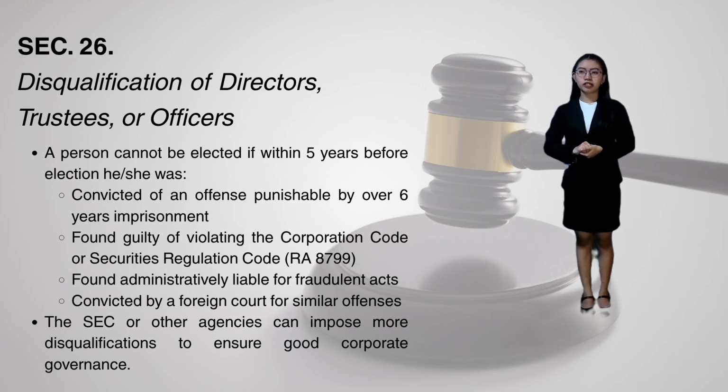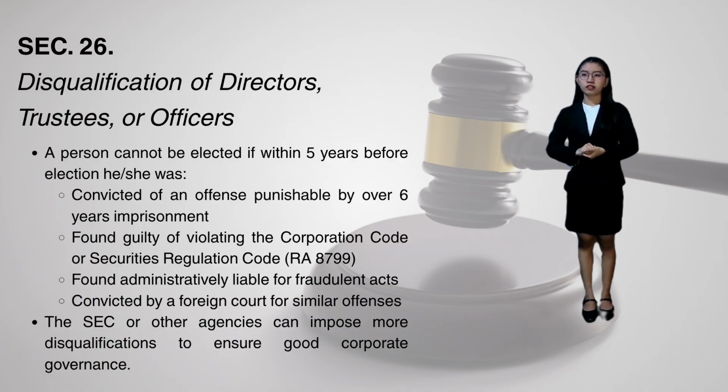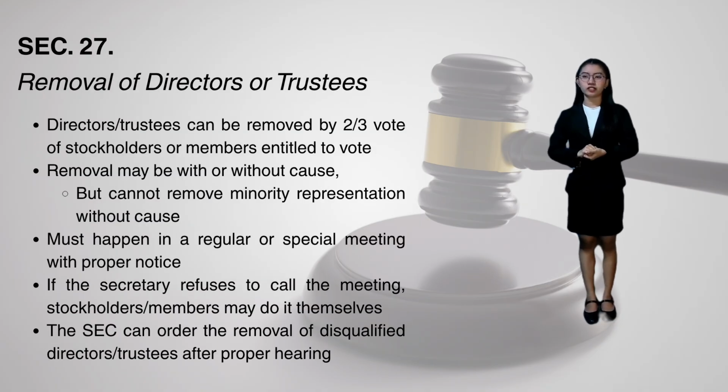Basically, this rule is meant to protect the company and its stakeholders by making sure that only people with good records and integrity can lead. The SEC or other government agencies can also add more rules to promote good corporate governance, meaning they want honest and responsible leaders in corporations.